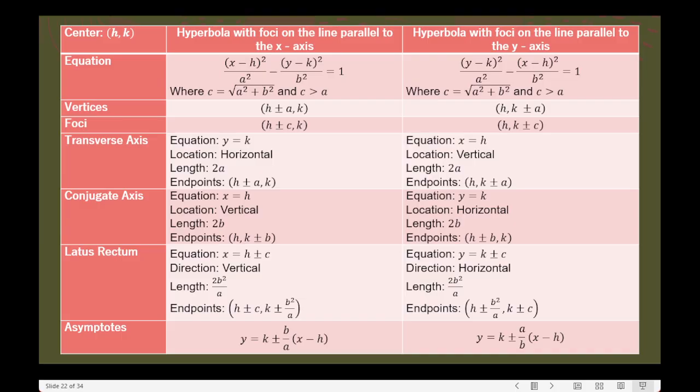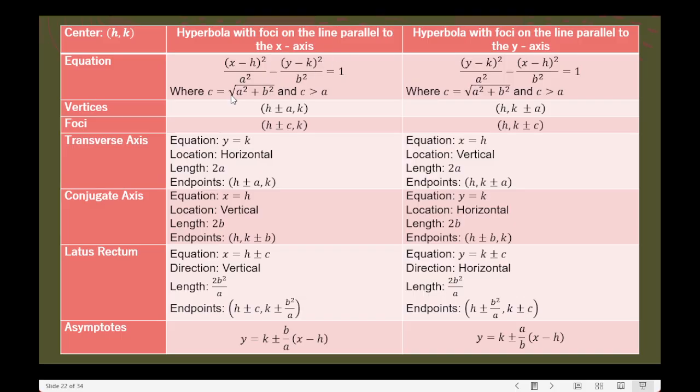So we have two columns. For the two hyperbolas that are horizontally drawn and vertically drawn, on the first column, this one is horizontal, and here the orientation of the graph is vertical.